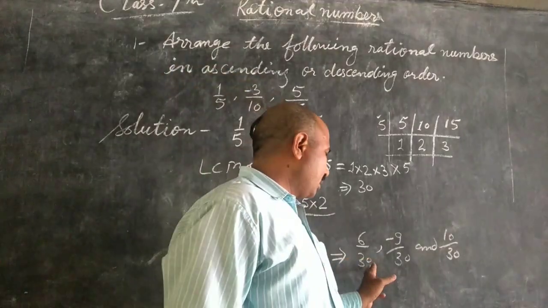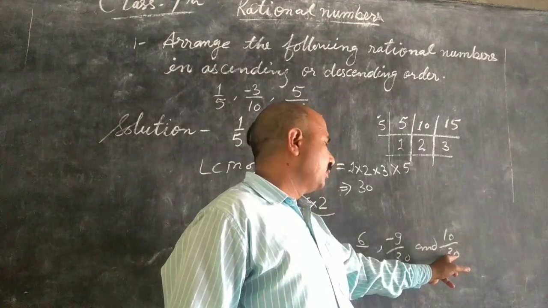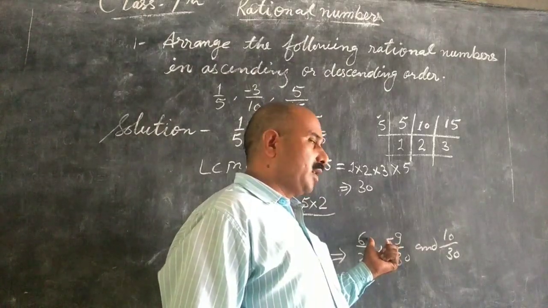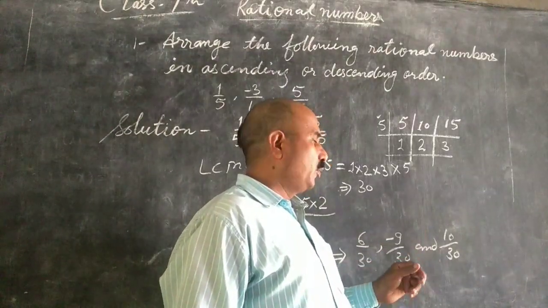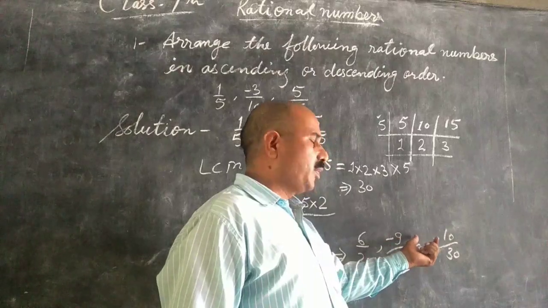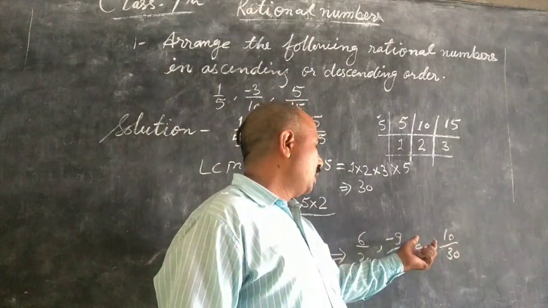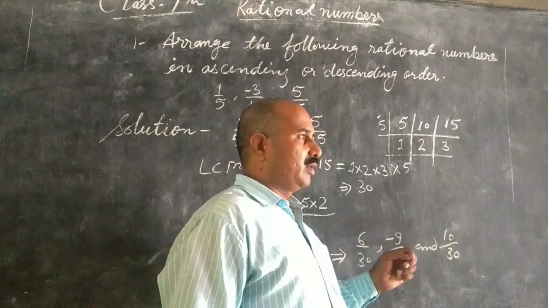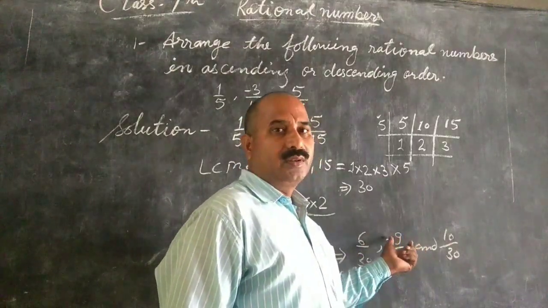Now when the denominators are the same, you can do the comparison of numerators. Before starting the comparison, you should know positive numbers are always greater than negative numbers.